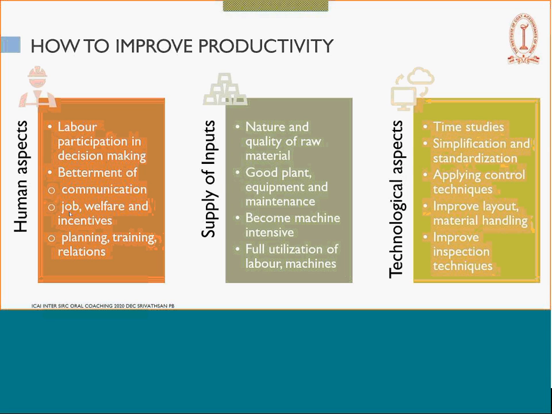They miss out on the quality on a simple process because human intervention is there. For a machine intensive process, then you improve productivity, and then utilization or full utilization of machine and outputs. That's also important. These will improve your productivity.